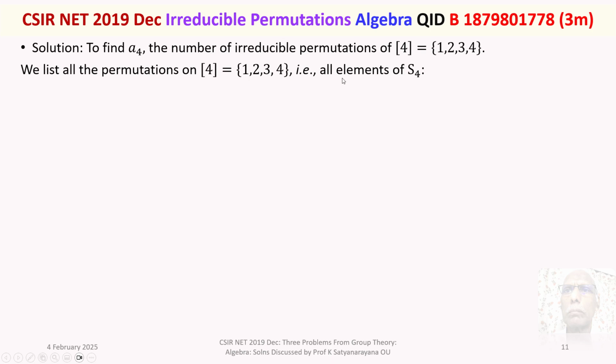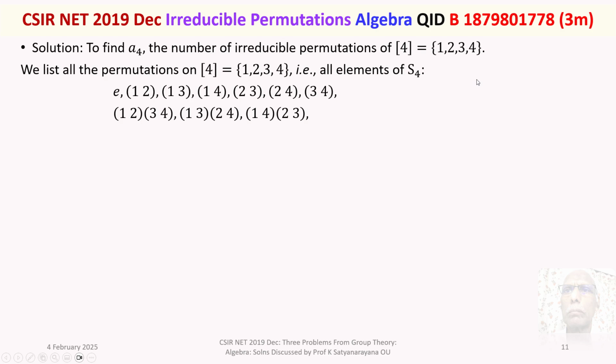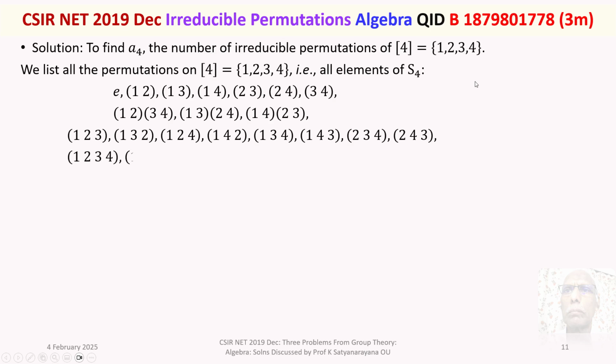So all elements of S4 are the permutations of 1, 2, 3, 4. Let us list them one after the other. So S4 is of order 4 factorial, and that is 24 permutations. These are the 24 permutations that we have written, right? The last one is a cycle of length 4.